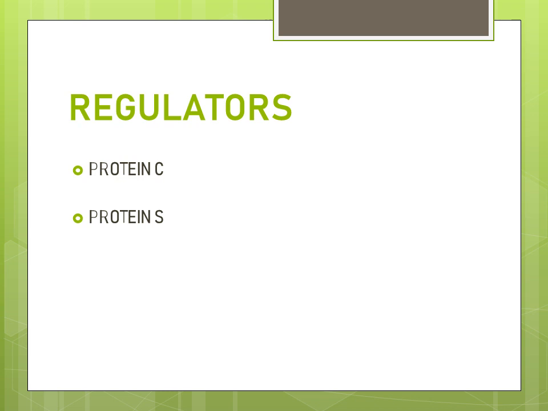So if their function goes unchecked, it may result in thrombotic episodes in the body. Those thrombotic episodes are prevented with the help of these two regulators, and deficiency of either will result in a prothrombotic state.